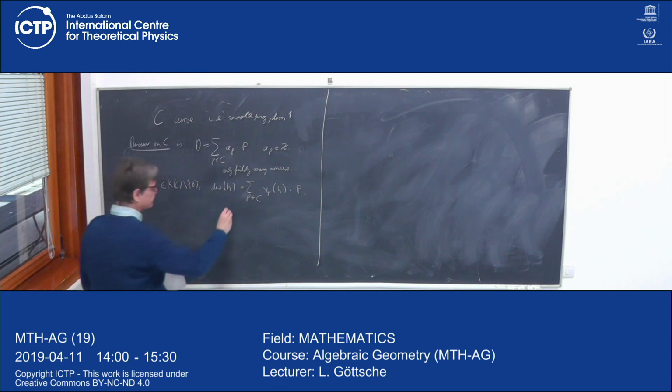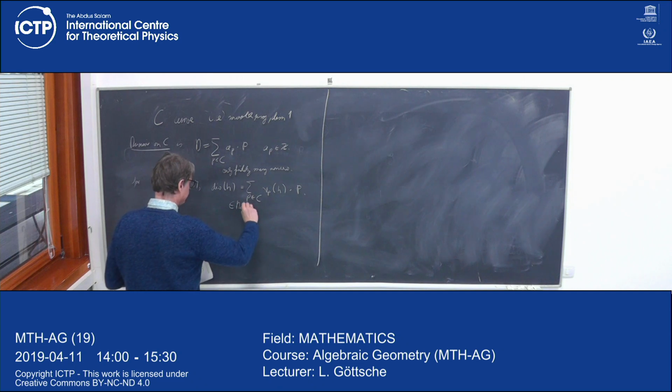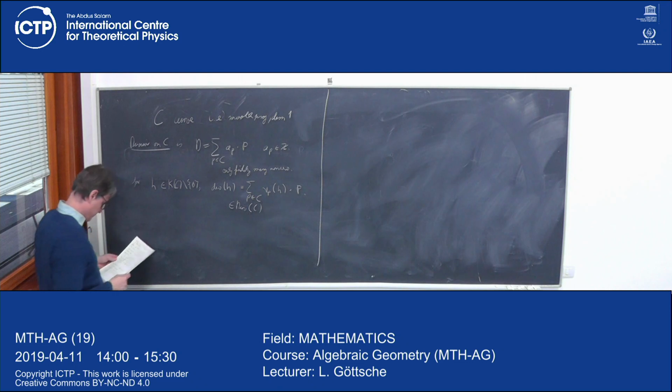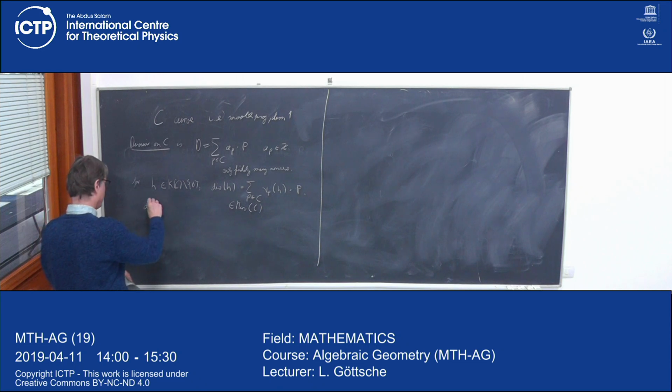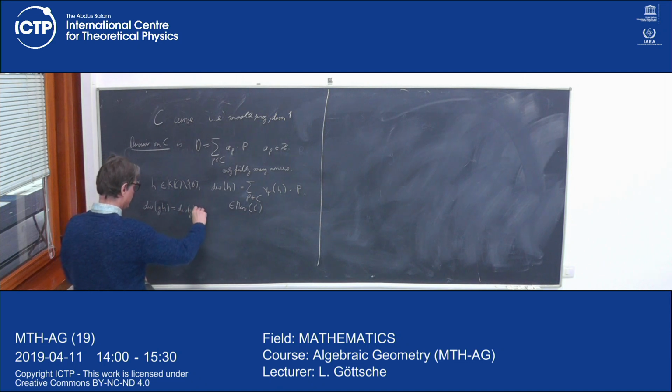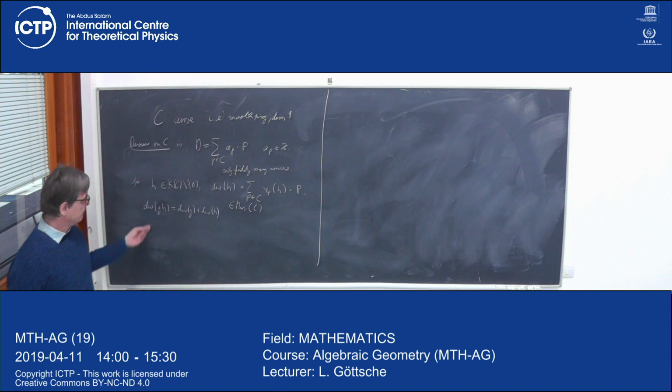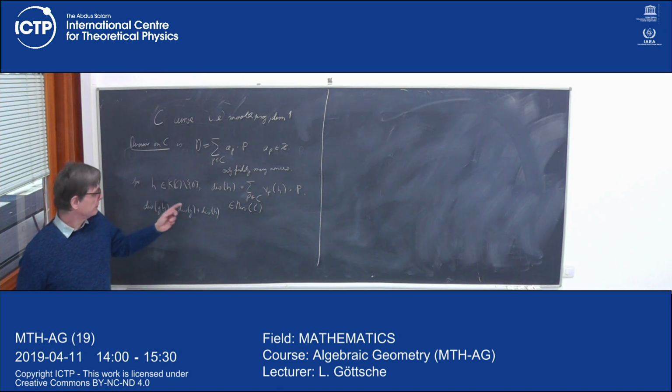And obviously we have that the divisor of the product GH is the divisor of G plus the divisor of H. So we get that these divisors form a subgroup.